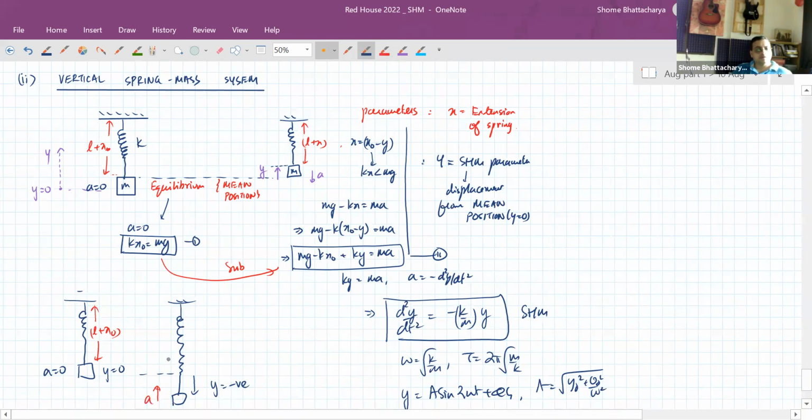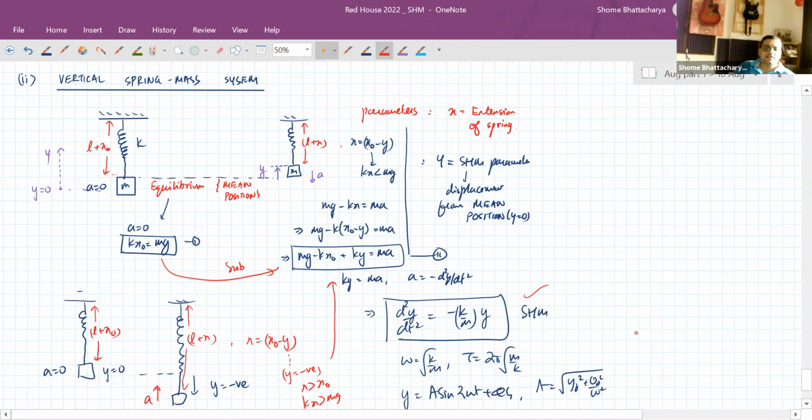And again, you can see that x is greater than x naught, so kx is greater than mg. When you apply this, it will give you the same equation.